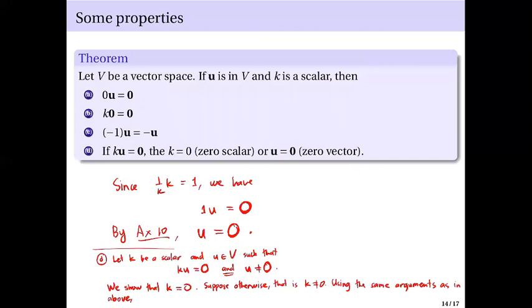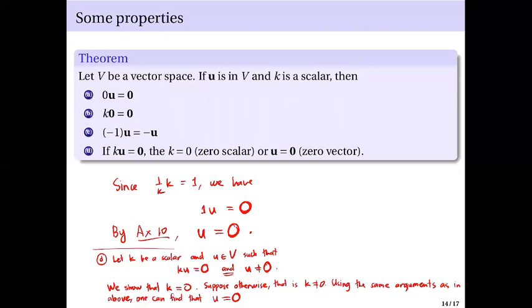one can find that U will be the 0 vector. But this is a contradiction because it's a hard no. We are assuming U to be not the 0 vector.